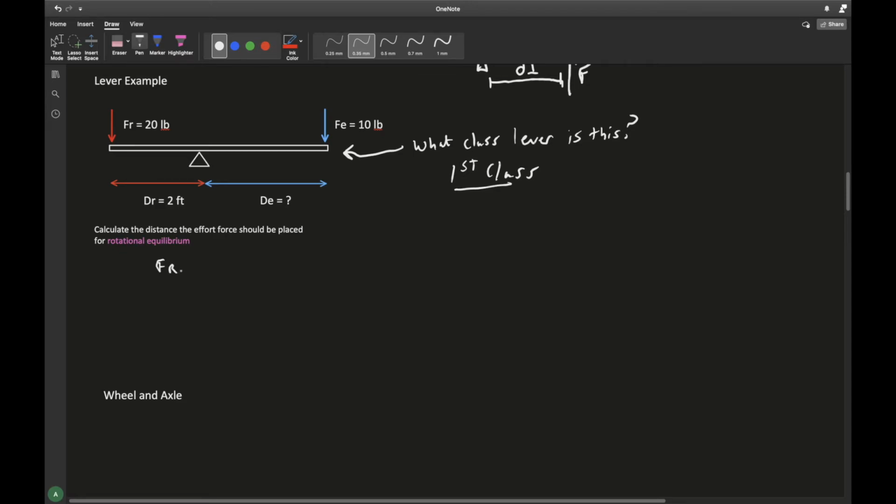You're going to calculate the moment caused by each force. And so that's going to look something like this. We have the resistance force times the distance resistance, and we have the effort force times the distance effort. Remember, a moment is equal to the force times the distance perpendicular.